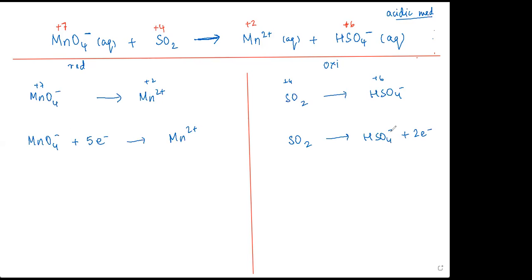This comes into the picture when we add the oxidation half and the reduction half, because the number of electrons lost should be equal to the number of electrons gained. So we will have to do that anyway.